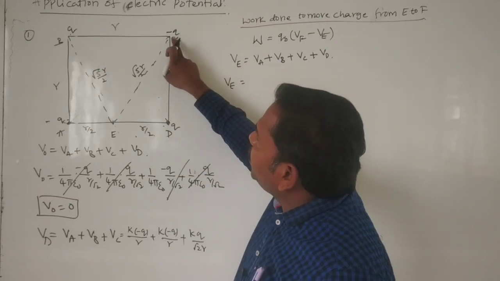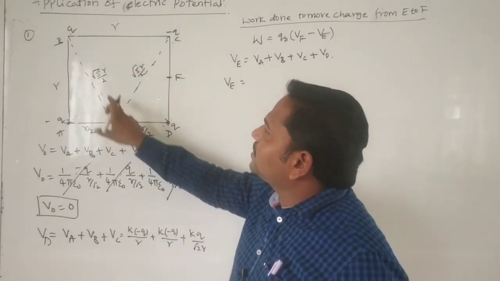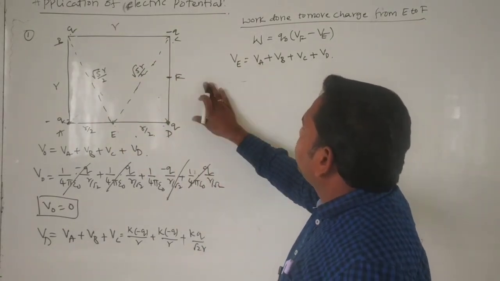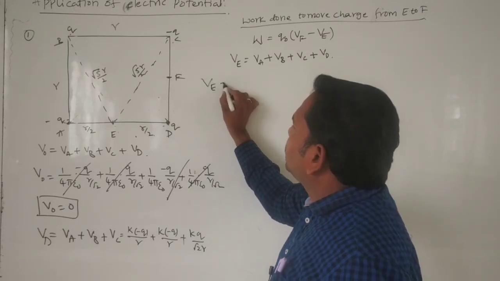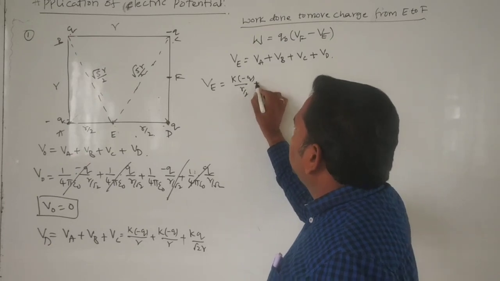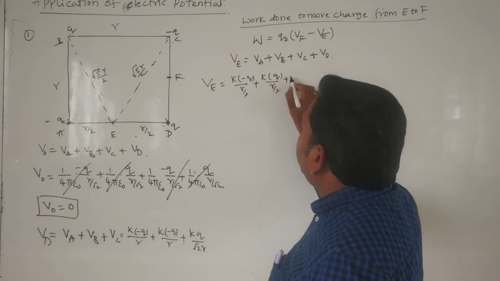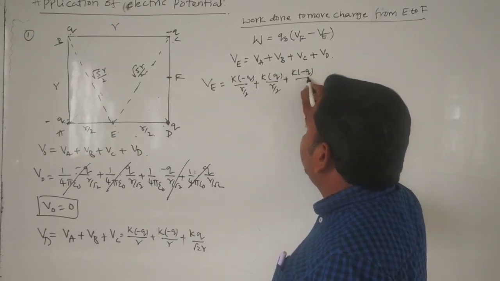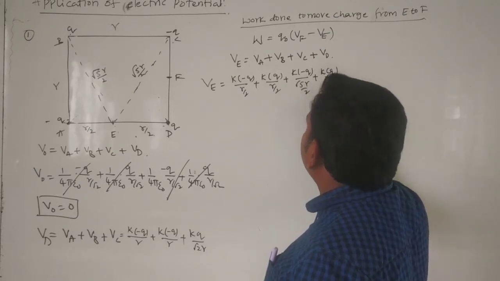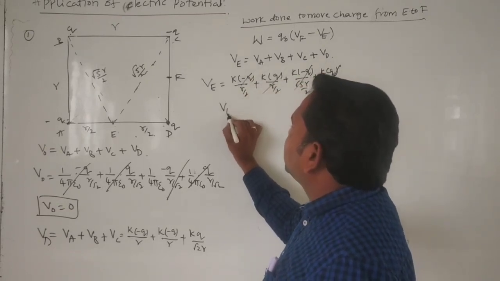Here also the potential due to this charge and this charge is 0 because of the same distance and opposite charges. So first, V equals k into minus q by r by 2 plus k into plus q by r by 2 plus k into minus q by root 5 r by 2 plus k into q by root 5 r by 2. So both cancel, we get the answer 0.